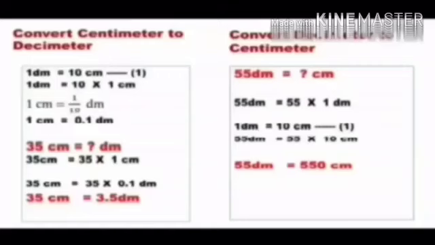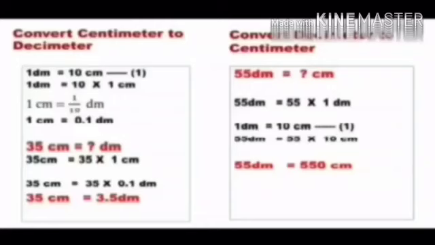We write 1 centimeter in terms of decimeter. So we have 35 centimeter is equal to 35 times 0.1 decimeter. We obtain 35 centimeter is equal to 3.5 decimeter.